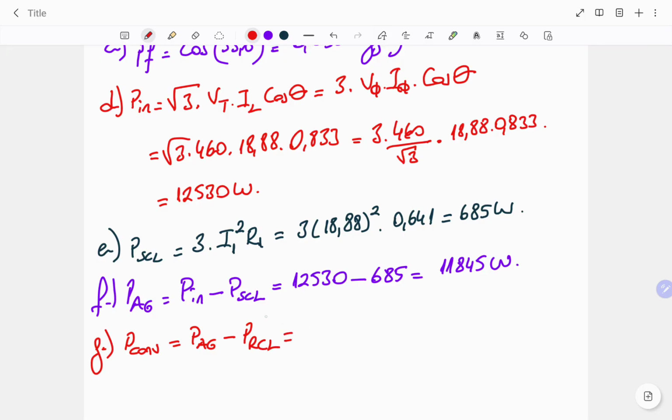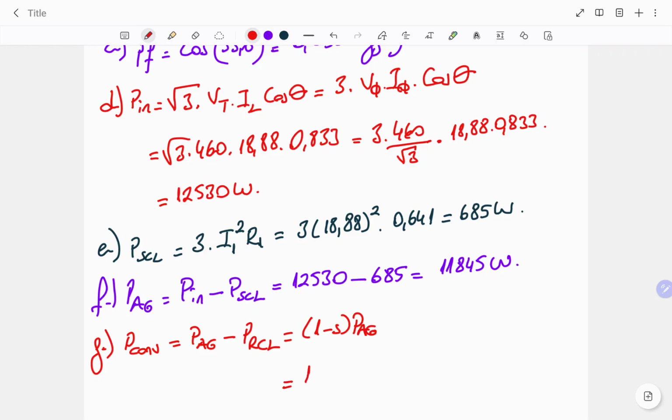For the rotor copper losses, we could calculate through a similar calculation to the stator copper losses, but we don't know the current flowing through the rotor side. So instead of additional calculation, let's use the relation between the air gap power and the converted power. 1 minus S times air gap power will be the converted.